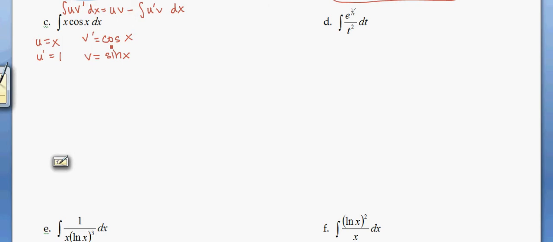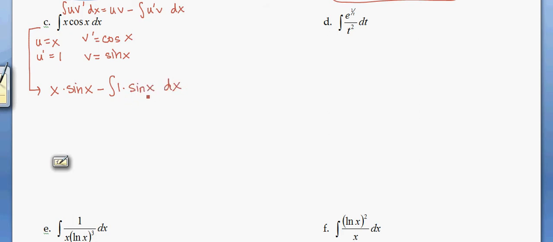It just sort of changes sign. So integration by parts tells us that the integral of u v prime is equal to u times v minus the integral of u prime times v.